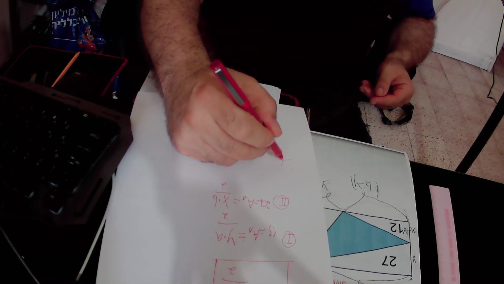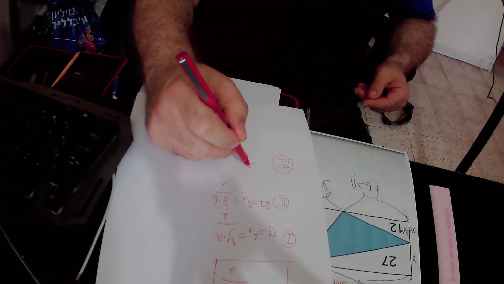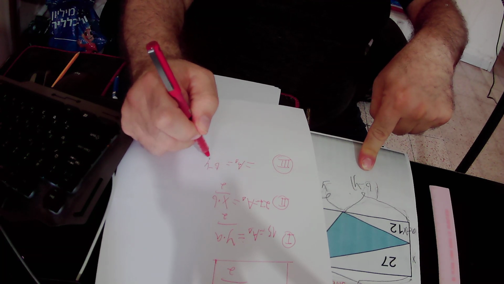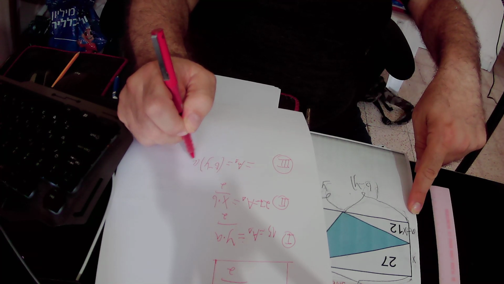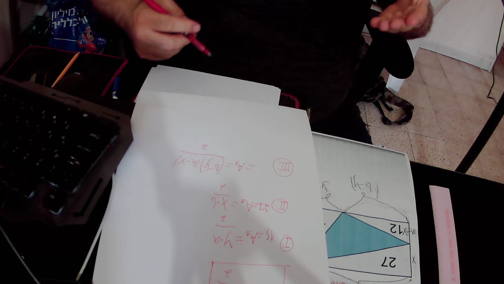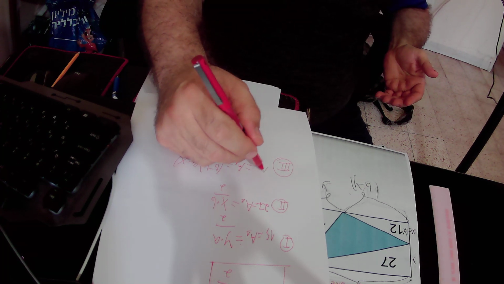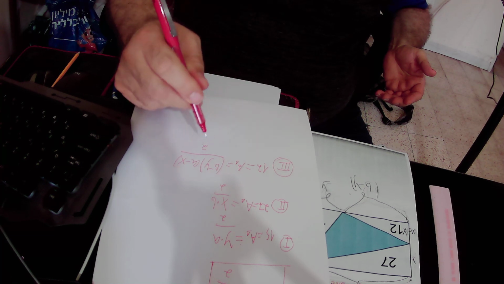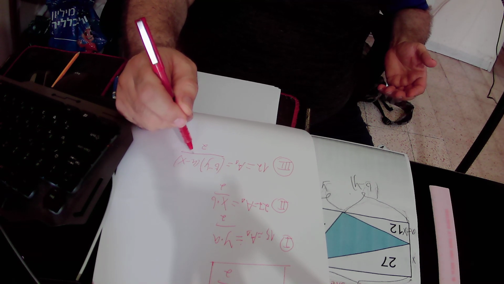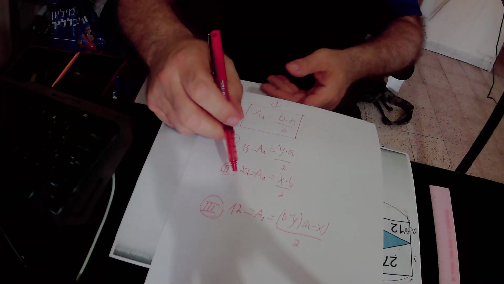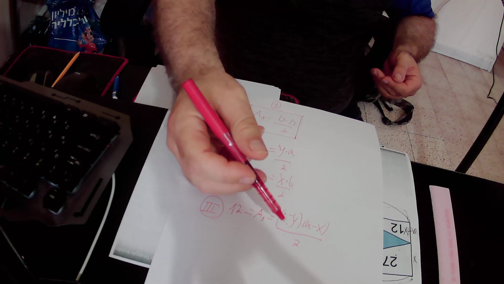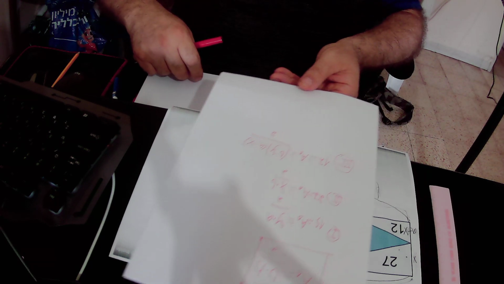So the third equation: the area of this triangle is 12 units, and it equals b minus y, that is the base of the triangle, times a minus x, that is the height of the triangle, all divided by 2.